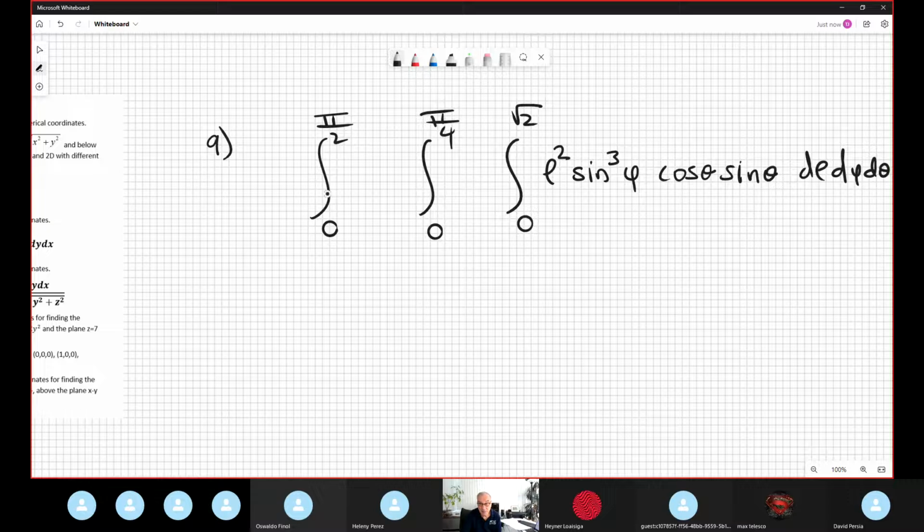Well, the rest is separable. This case is super elementary. Professor, by the way, last time you told us it was phi over 4, not phi over 2.